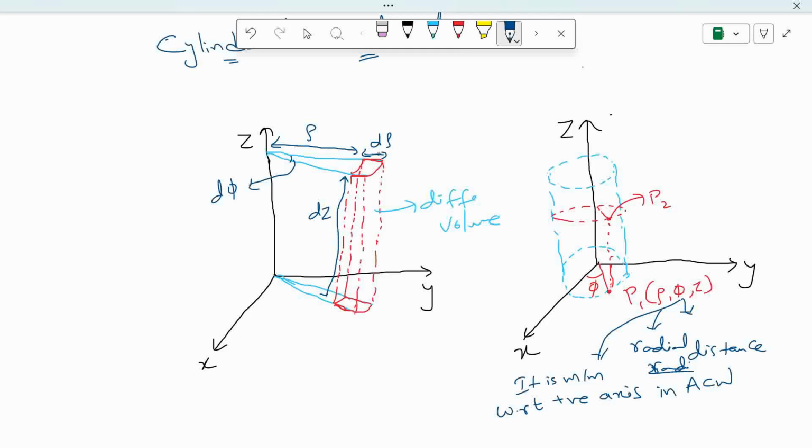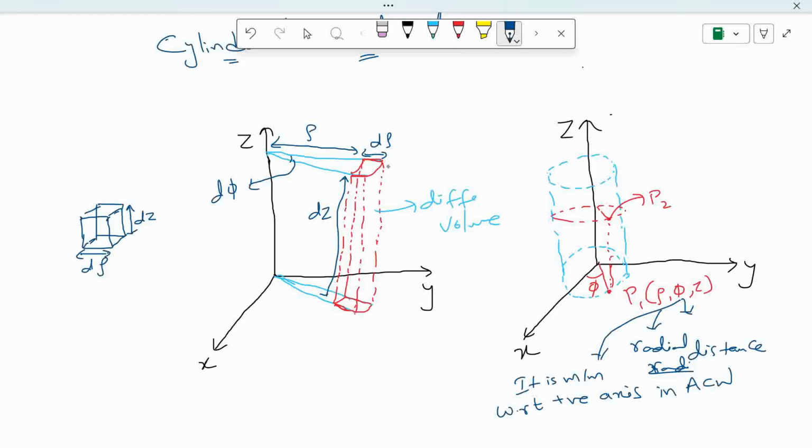Now it can be approximated to a cuboid, which has different sizes. One is dz, and this width is d rho.